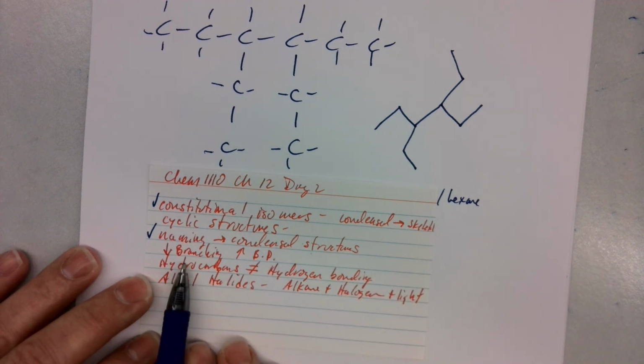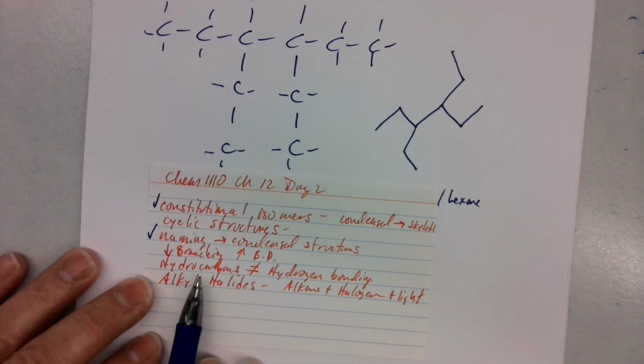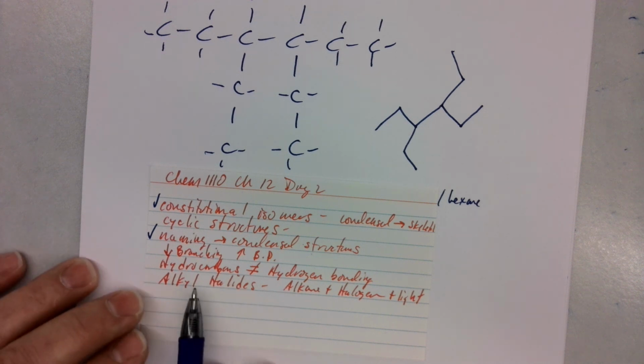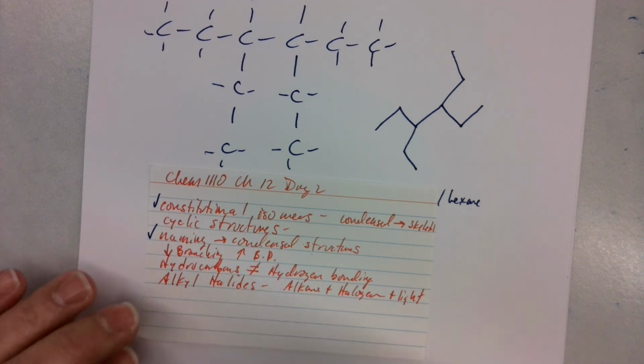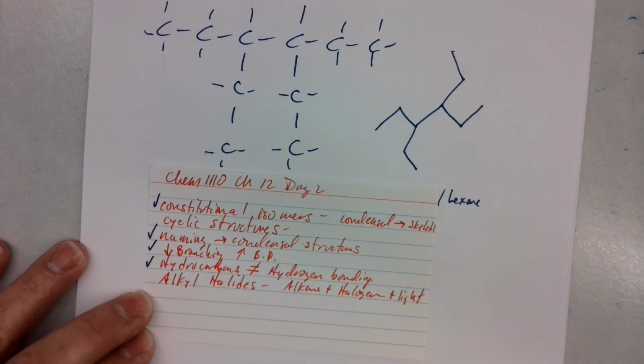The less branching something has, the higher its boiling point. That's just fact. Hydrocarbons don't exhibit hydrogen bonding. Does anybody know why hydrocarbons don't exhibit hydrogen bonding? Yeah, there's no F or N, right? It's got to be an H bonded to an F or an N. So if it's a hydrocarbon, all it has is hydrogens and carbons, so it can't hydrogen bond. We'll cover those two, and we'll cover these last two next time.